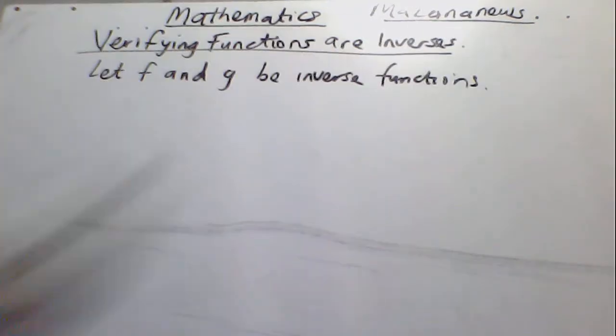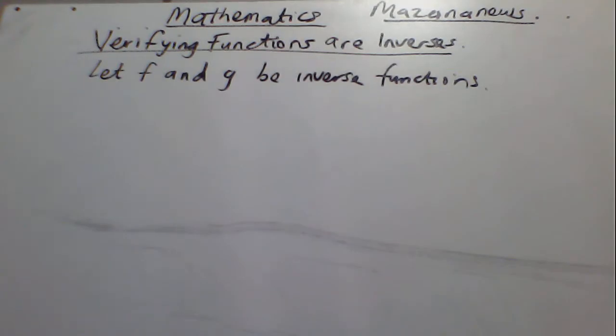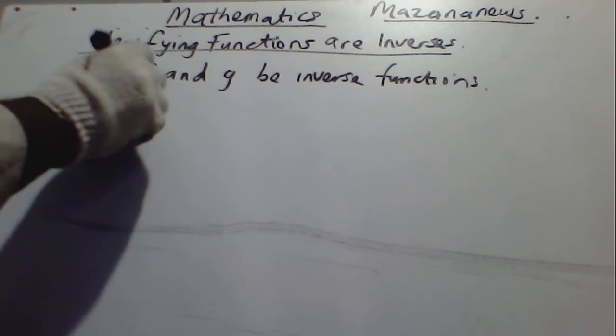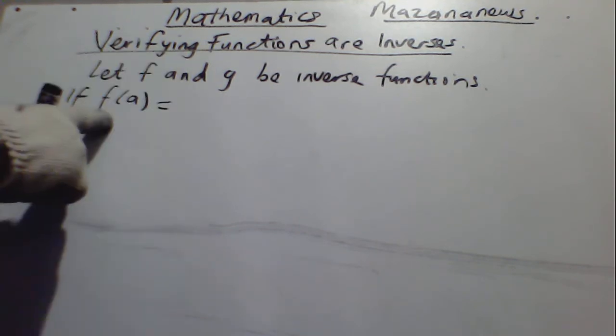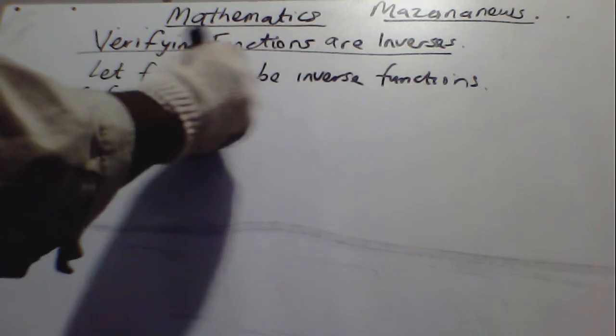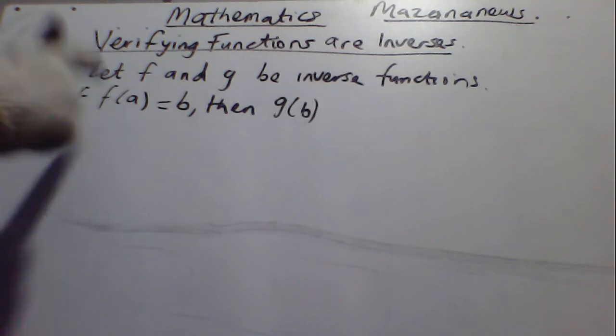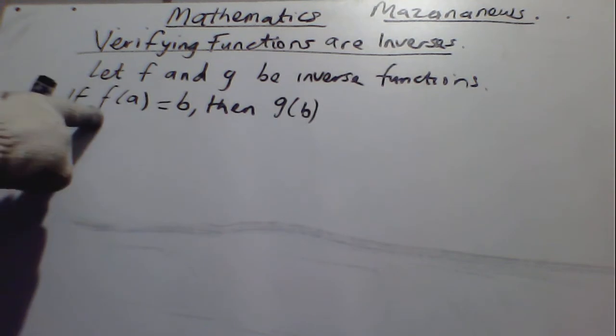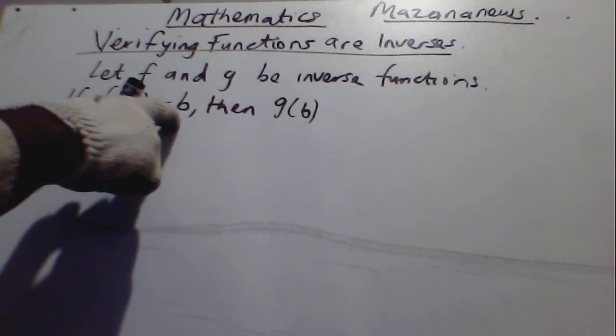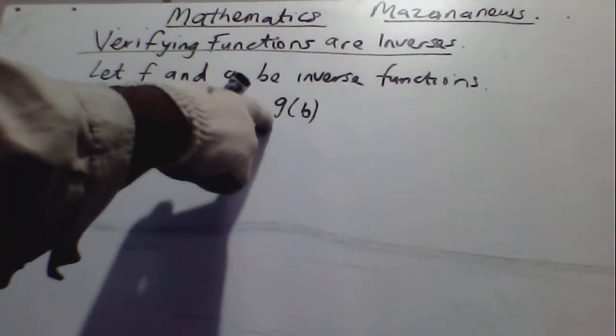Let f and g be inverse functions. If we put an input a in f and it gives us a result b, then g of b, that is, if we put that output in g, it gives us a, the initial input.